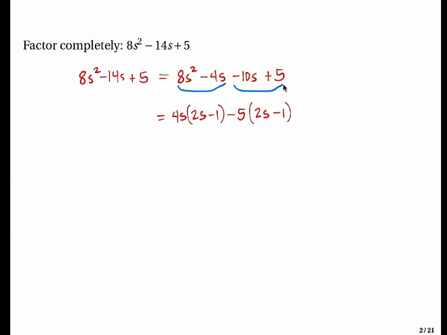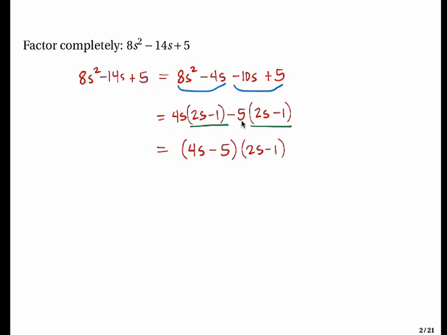So now observe that 2s minus 1 is a common factor of these two addends. And therefore, we can factor out this expression 2s minus 1, and what will remain inside is the expression 4s minus 5.